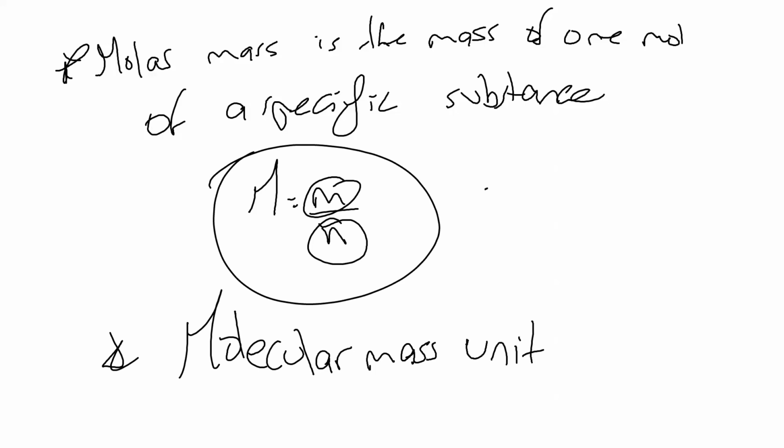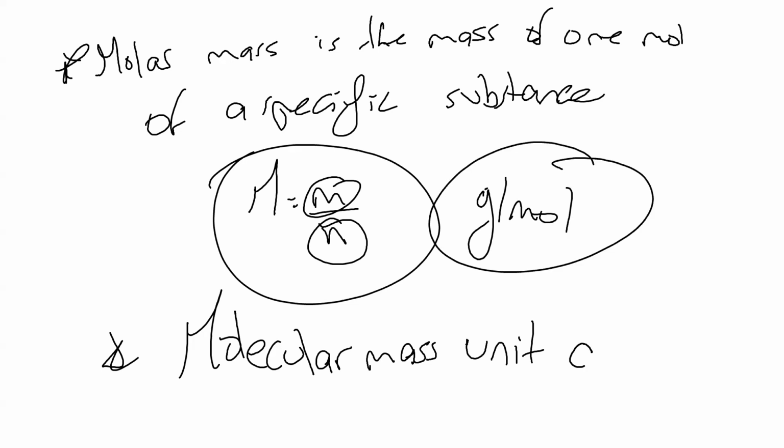The unit of the molar mass is gram per mole, and the unit of the molecular mass is AMU. So here, the mass of the element over the number of moles of the element. These are the definitions that you must know for the IMAT, the basic definitions of chemistry you must know for the IMAT. Perfect.